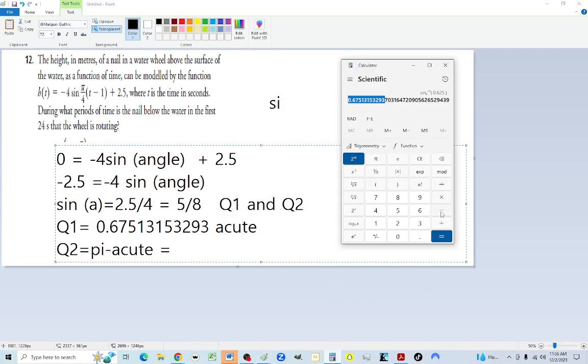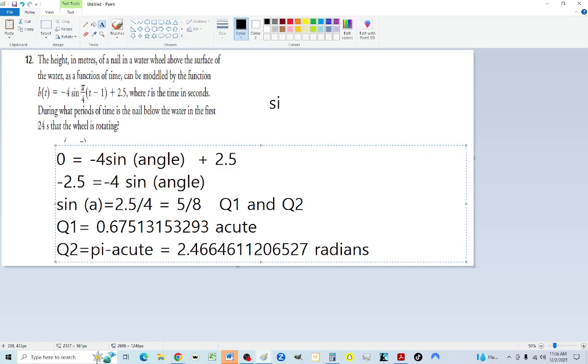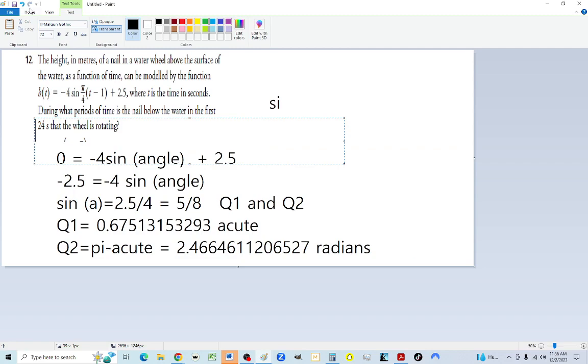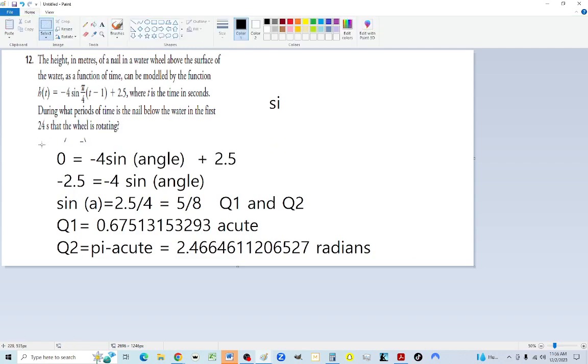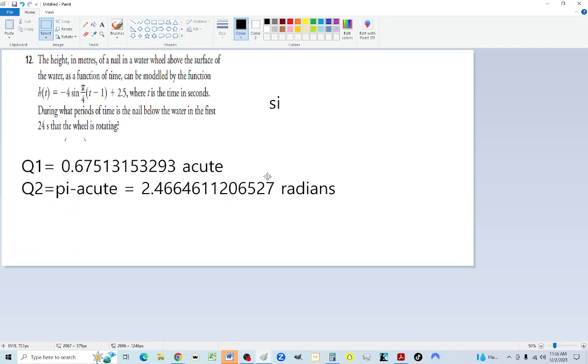I'm just going to subtract pi and get the negative value and then make it positive, which is the same thing. If you fiddle around, you'll discover that's the same thing. So that's the other one. We now have our two angles. That's all we want. We can get rid of the other stuff. And they're both in radians.